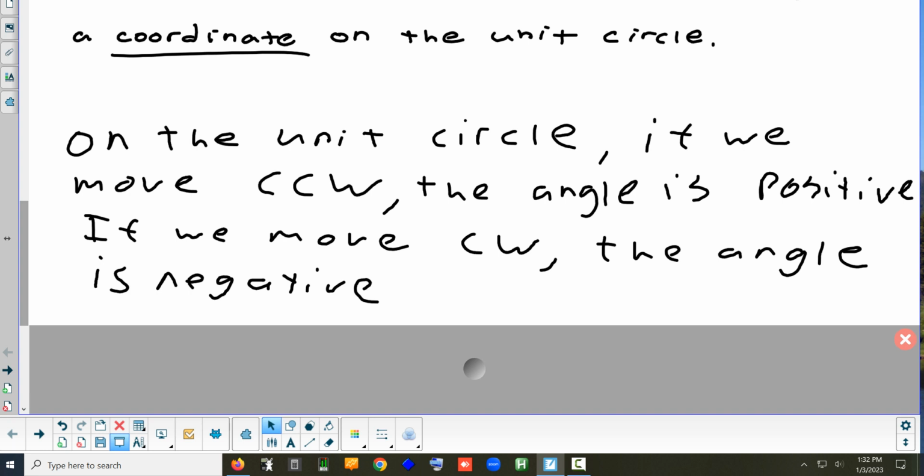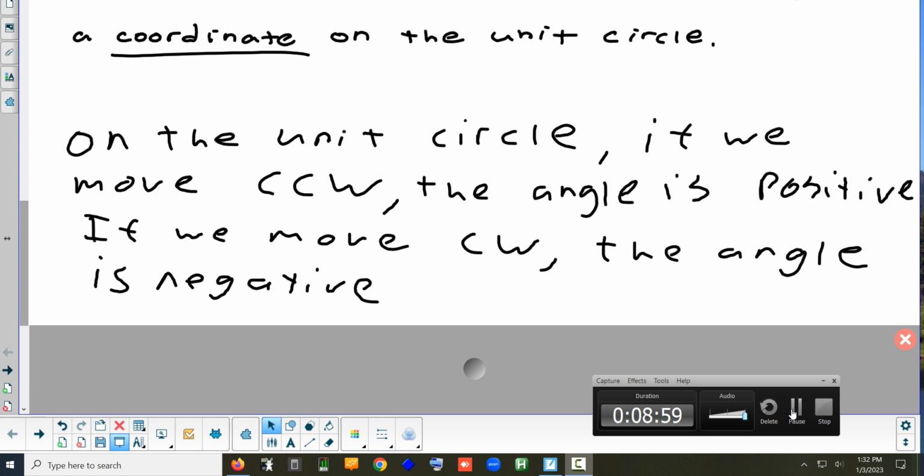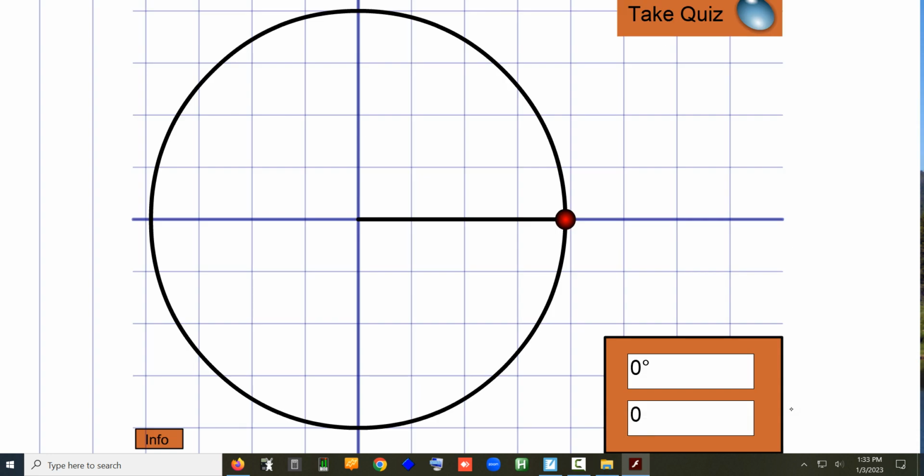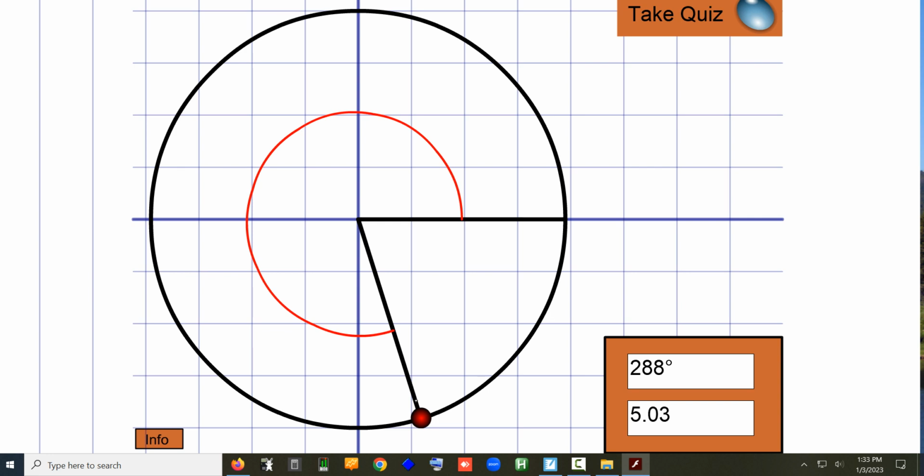If you rotate in a counterclockwise direction, those are positive. And let me show you. In the lower right, you can see there's degrees, and the bottom is radians. As I rotate counterclockwise, it shows me what the angle would be. It's positive.